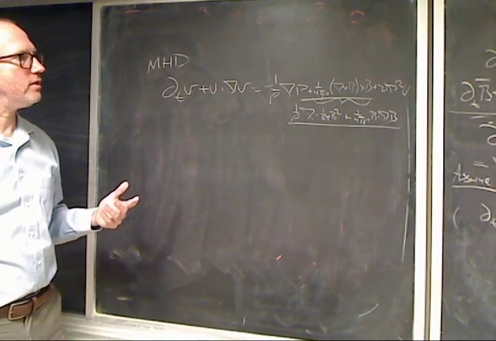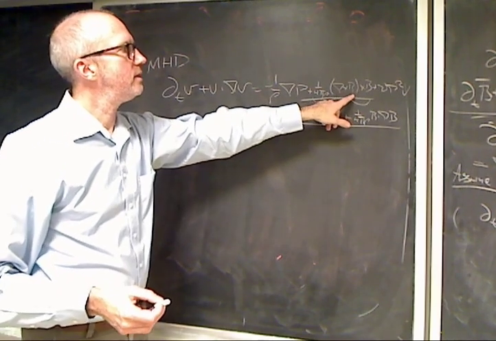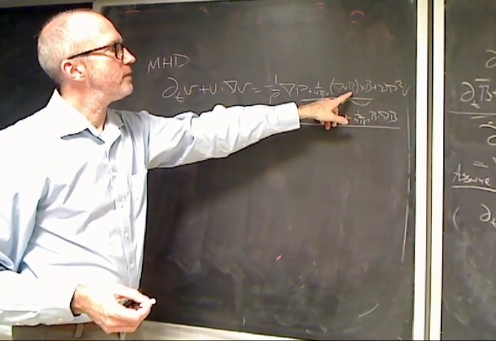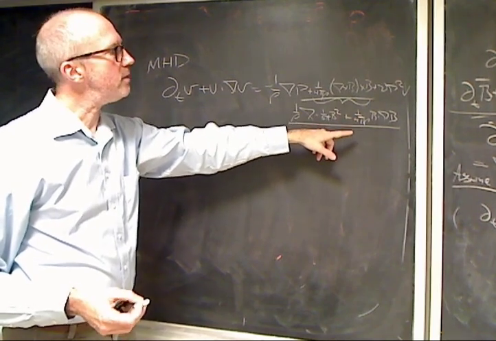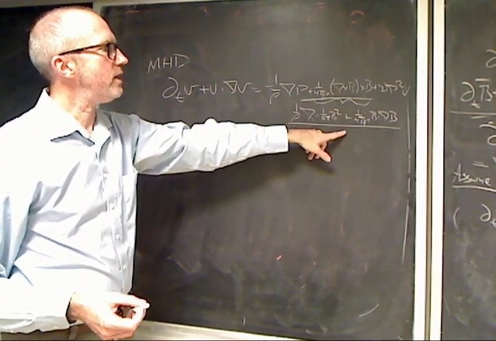If I'm feeling generous, I'll give you the vector identity that gets you from here to here. That's not one that I expect anybody to know off the top of their heads. But it's just one vector identity that does this.